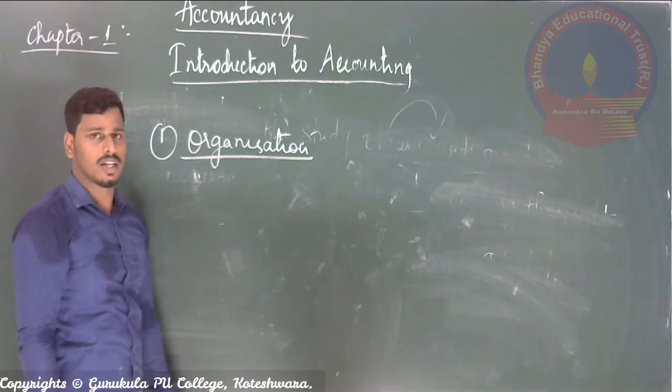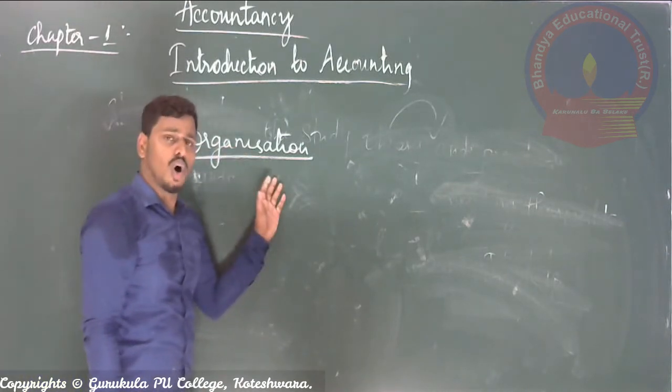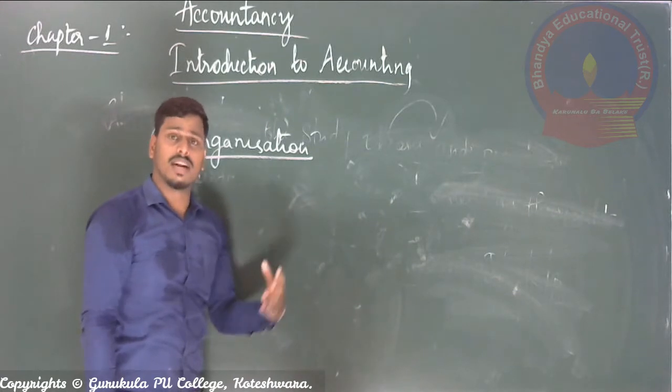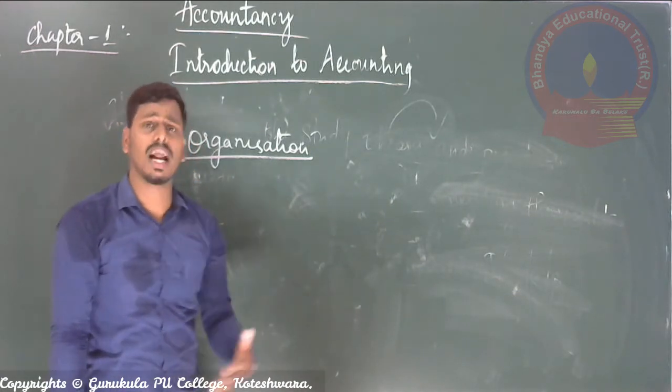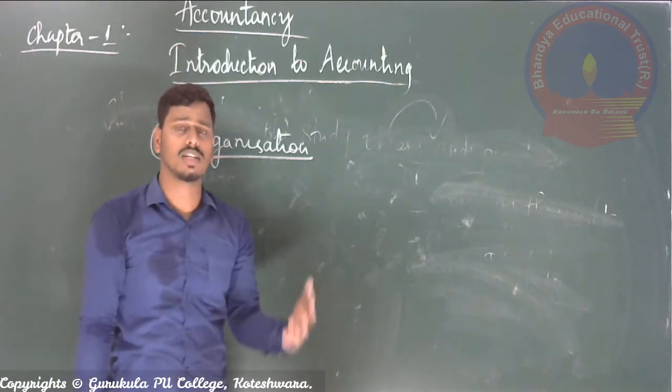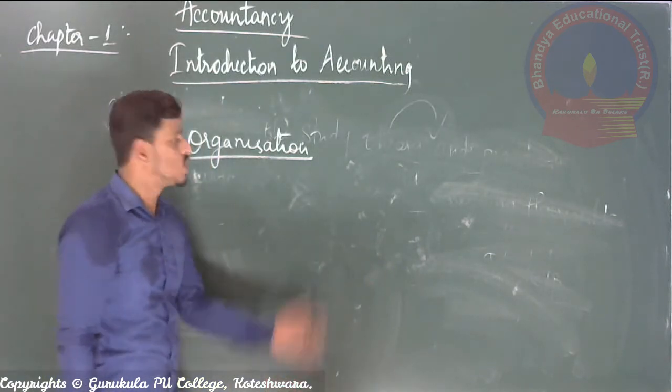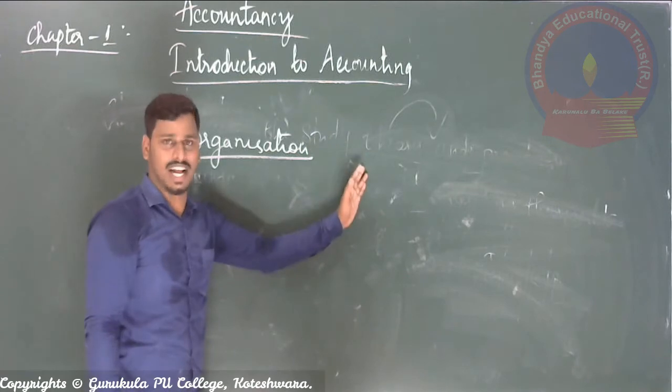Organization. Correct. We do all the accounting process: identification, measuring, recording, classification, summarization, interpretation, communication, everything for which institution actually. So the organizational activities, correct?